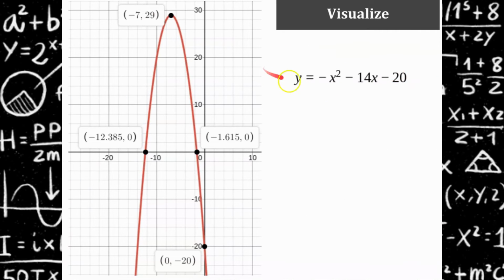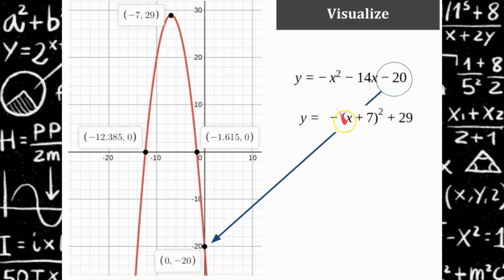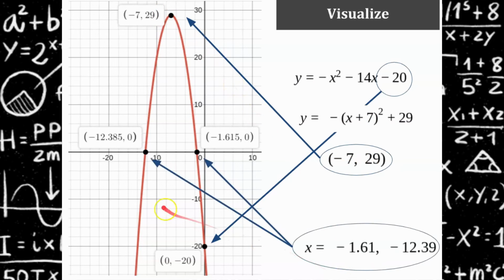So I started off with this in standard form, and I can immediately see that my y-intercept is -20. I notice too that it opens down, and it should. It's a reflection in the x-axis. Written in vertex form, -7, positive 29 is my vertex, and then my two roots.